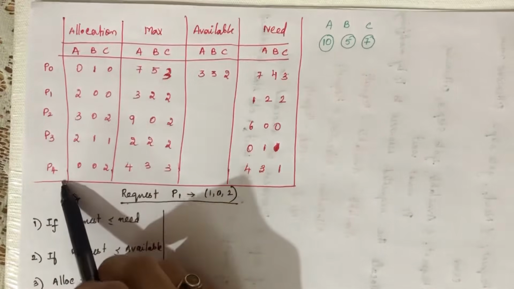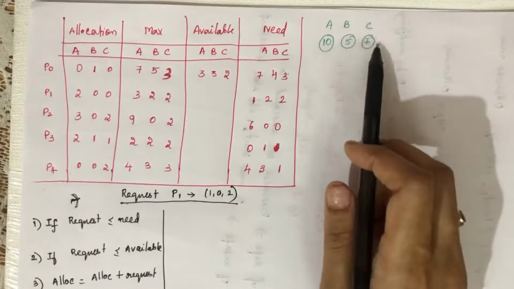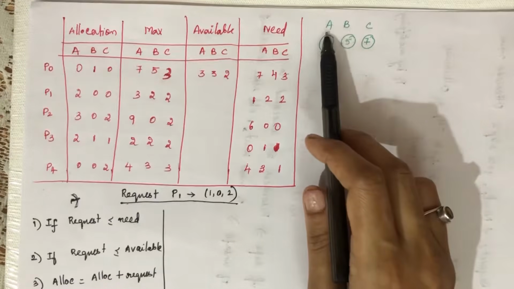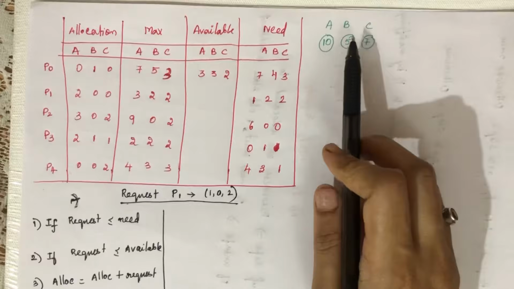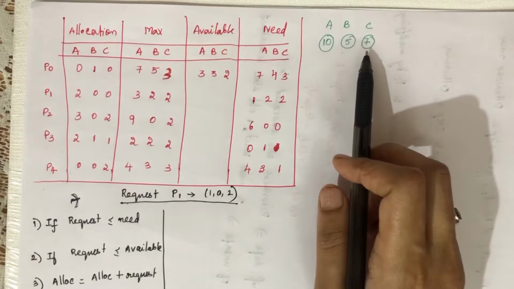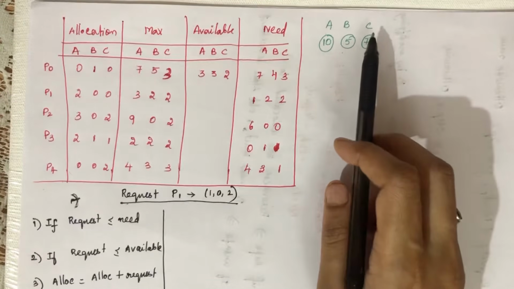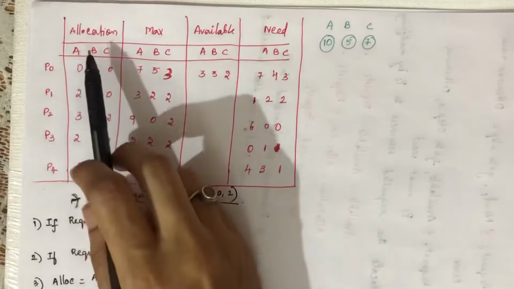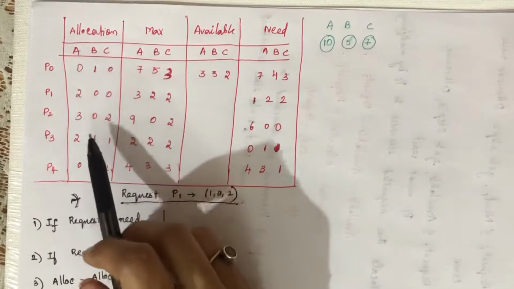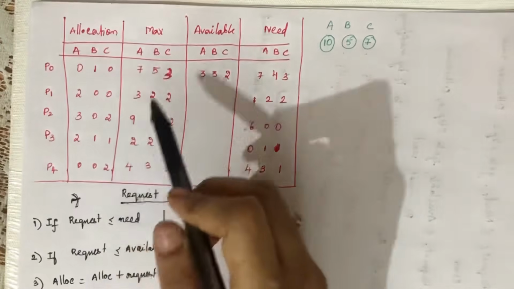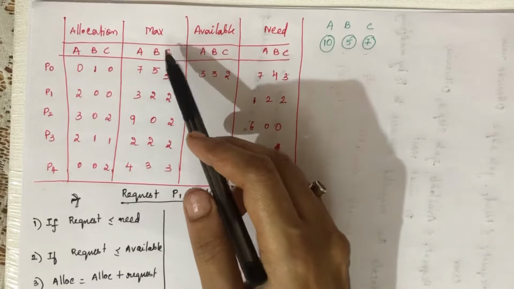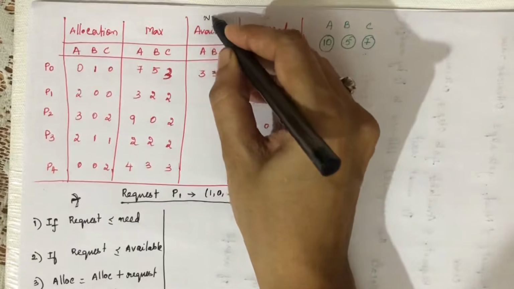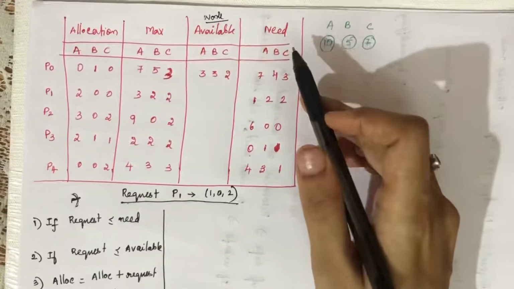In this we have 5 processes and 3 resource types A, B, C. Initially 10 instances are available in resource type A, 5 instances in resource type B and 7 instances in resource type C. We know the allocation, the already allocated instances are given here, and the maximum resources are given here, and the available resources in the system, otherwise called work, and the need.